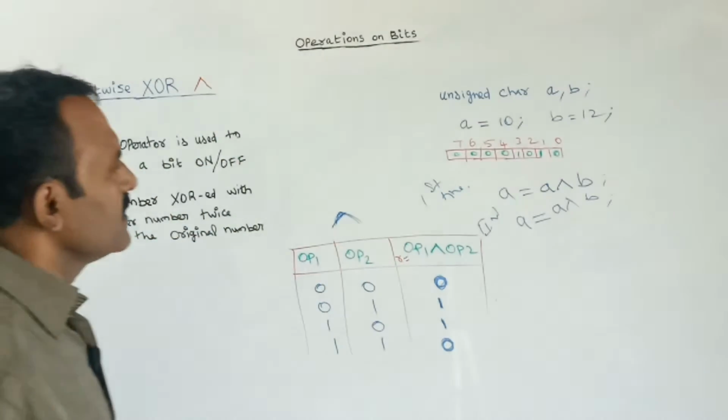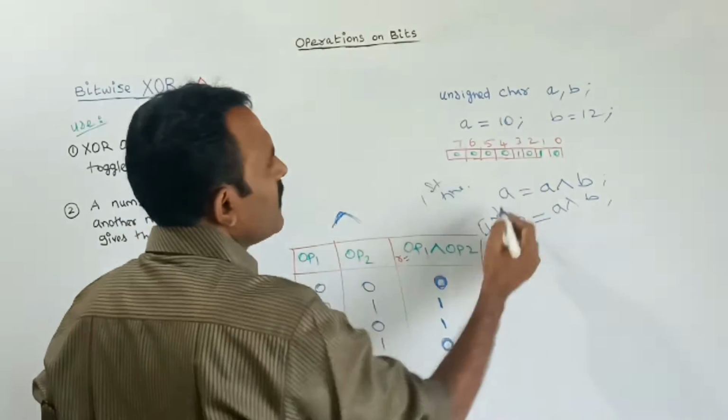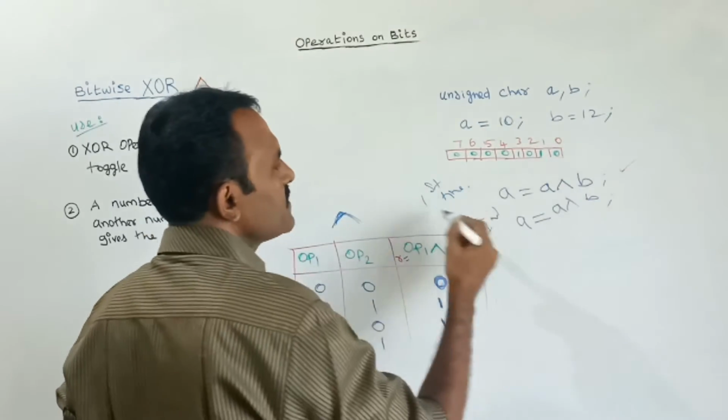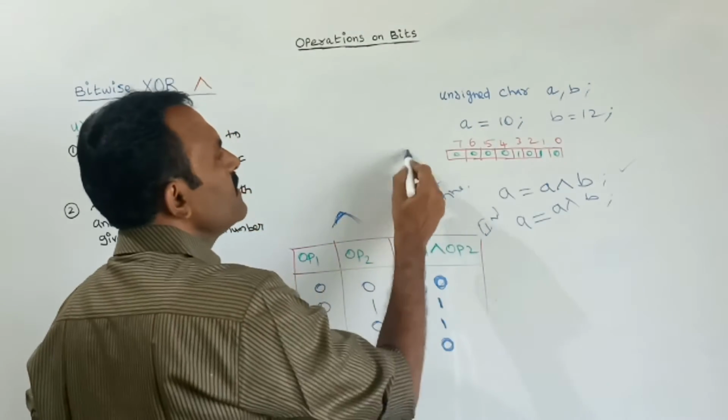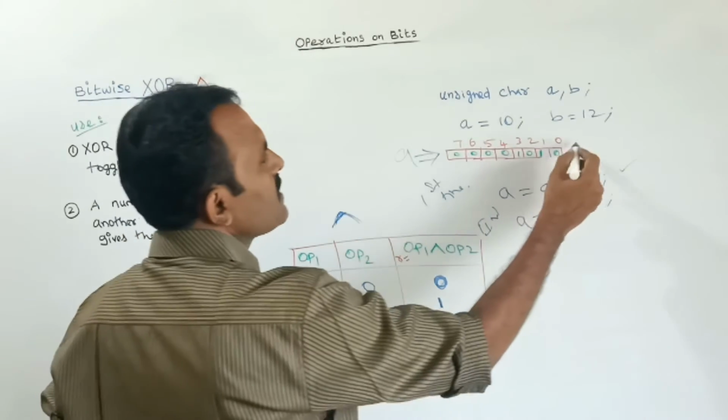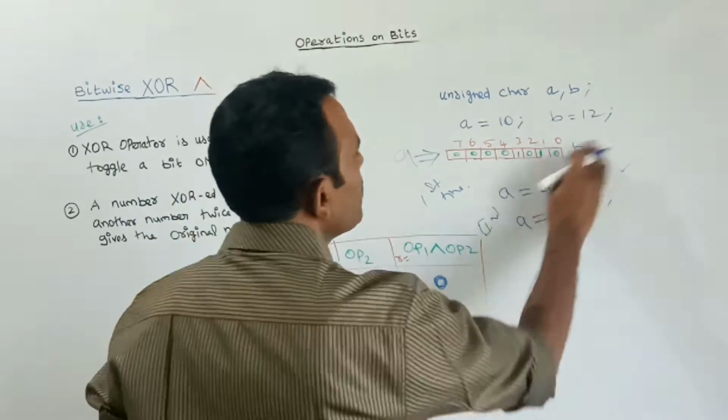See, for example, let us take this first step. This is the first time. Here this is the A binary value. What is the binary value of B?